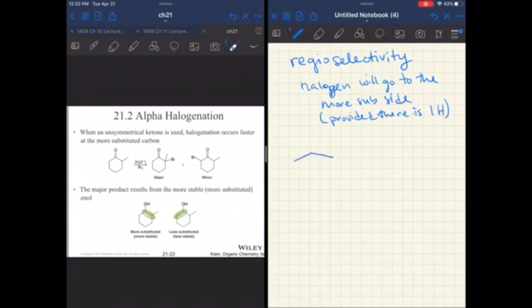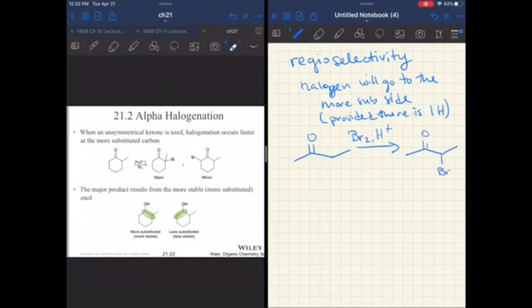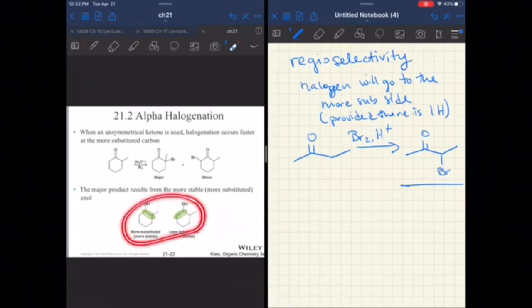So if you have a more or less substituted side, so we have an asymmetric ketone here. If I use Br2 and acid, that bromine is going to selectively go to the more substituted side as the major product. It has to do with the enol that forms.